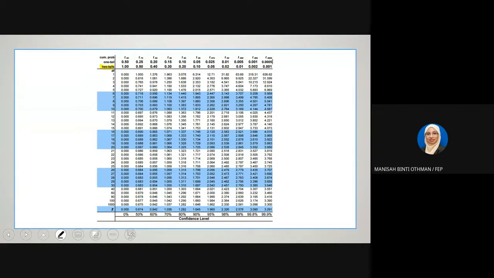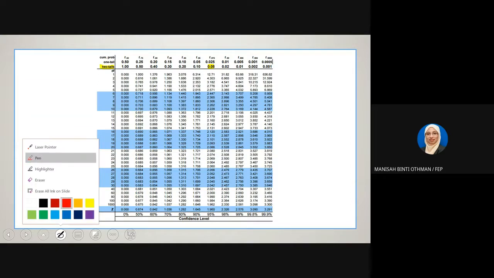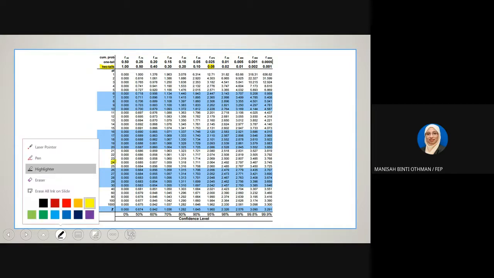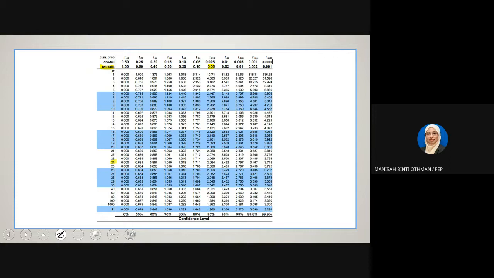Degree of freedom 24, alpha 2 tail 0.05.